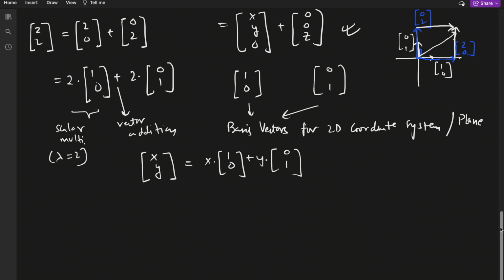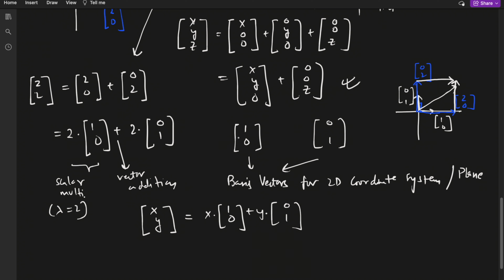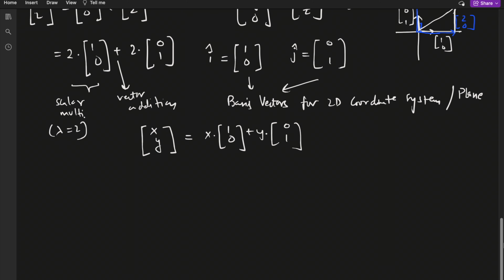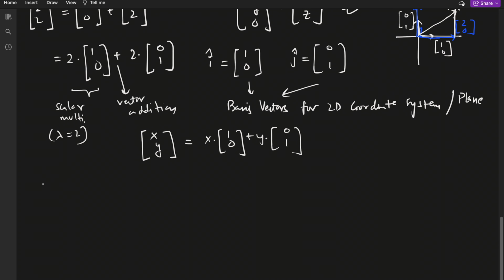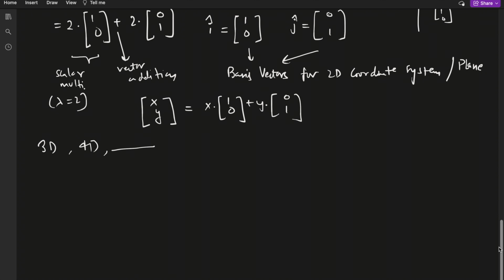If you are coming from a physics background, you know that we also call this i hat, and this we call j hat. And this entire interpretation is valid for 3D also and 4D also, for any number of dimensions. We generally consider 2D and 3D most of the time because they are easy to interpret.